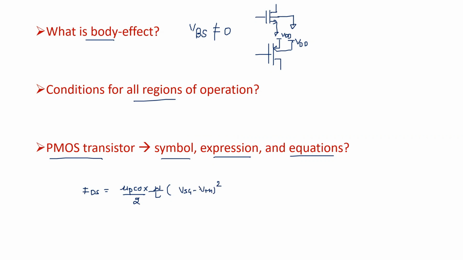This VTH is a negative value, so we use its magnitude, times 1 plus lambda VSD. So please be careful. It is VSG and VSD, but for NMOS we use VGS and VDS. So please be careful of these things.